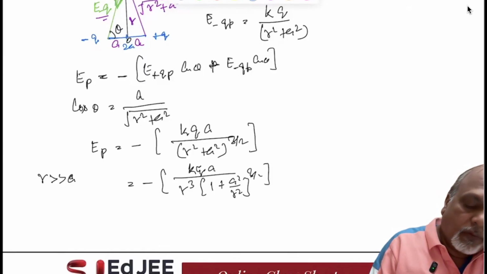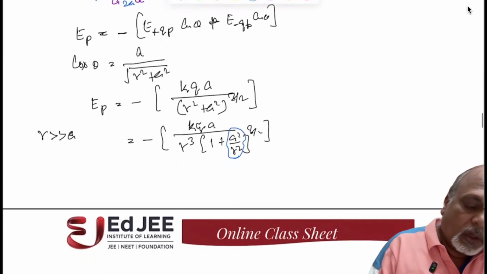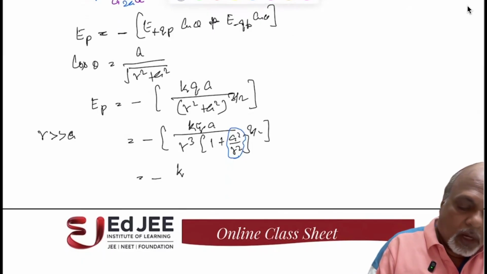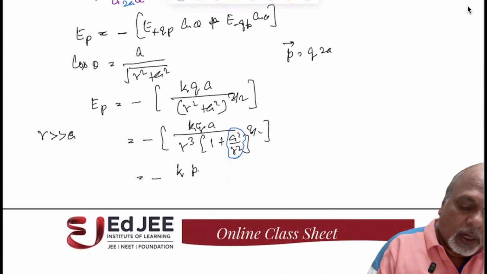So this factor will be 0, and our formula after approximation is K. Now what is P? P is basically Q into 2A. So here we can write it as K P upon R cube.